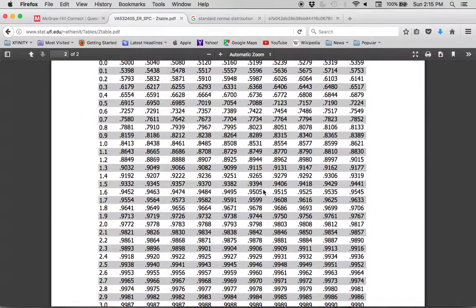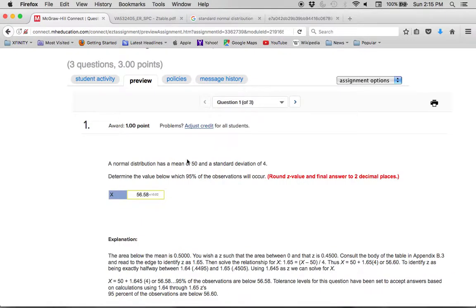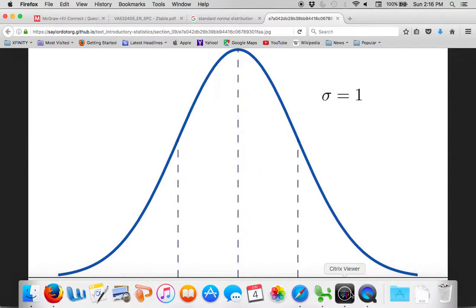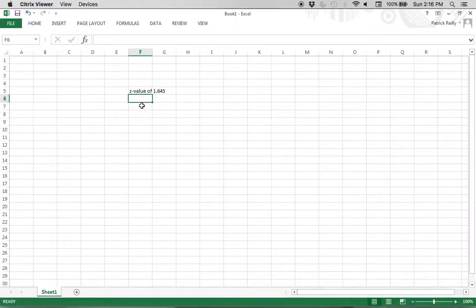We can't get either of those, so we'll just go in between the two. Alright, and then the mean is 50 and the standard deviation is 4.